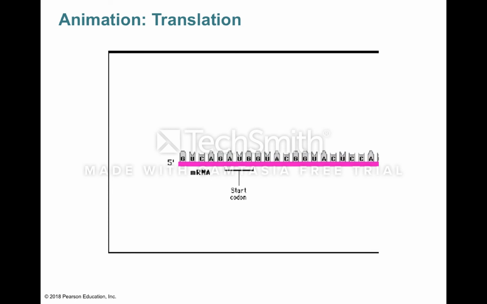We can divide translation, the process of building a polypeptide, into 3 stages: initiation, elongation, and termination. Translation is initiated when the small ribosomal subunit binds to the leader at the 5' end of the mRNA molecule. The anticodon of the initiator tRNA binds to the start codon, AUG.